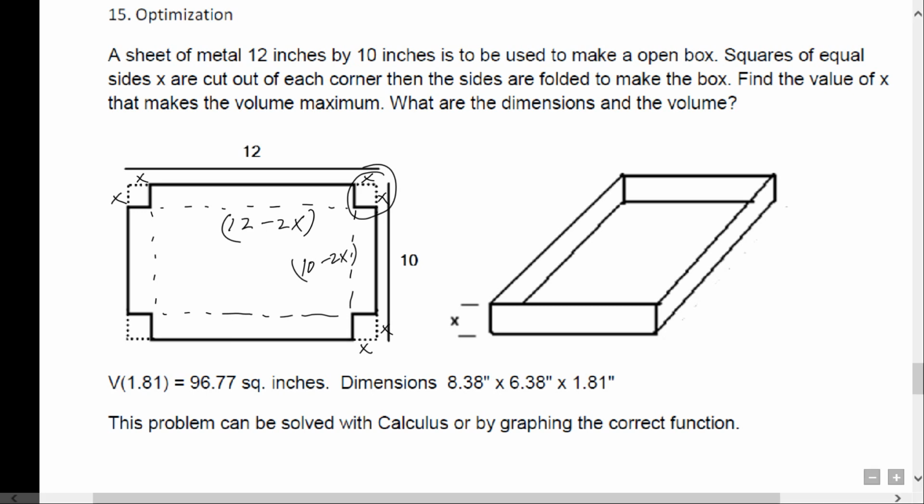So the volume is going to be x times 10 minus 2x times 12 minus 2x, which is equal to x times 120 minus 24x minus 20x plus 4x squared.